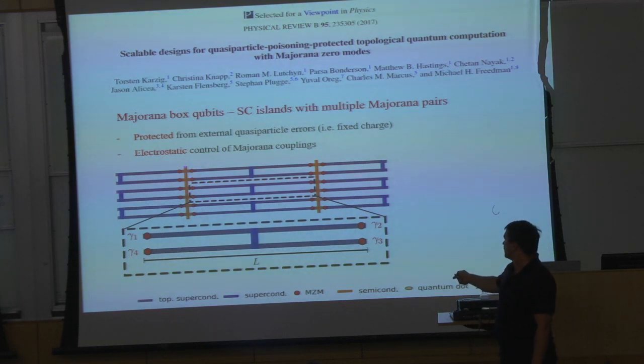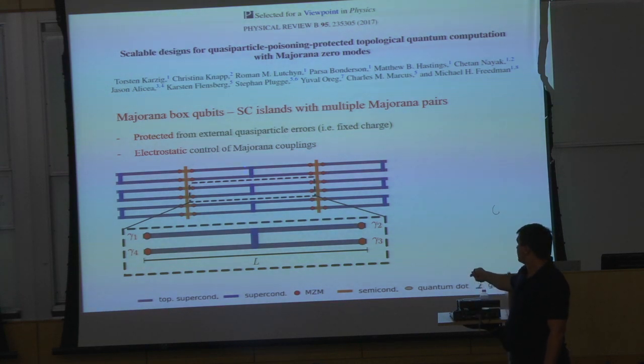We know that this yellow color here corresponds to just a semiconductor, and there is a tunnel gate between superconductor and semiconductor region. So we can turn on and off the coupling between semiconductor and superconductor. And we also add just a trivial element, which is just an aluminum bridge, which couples this part and this part.